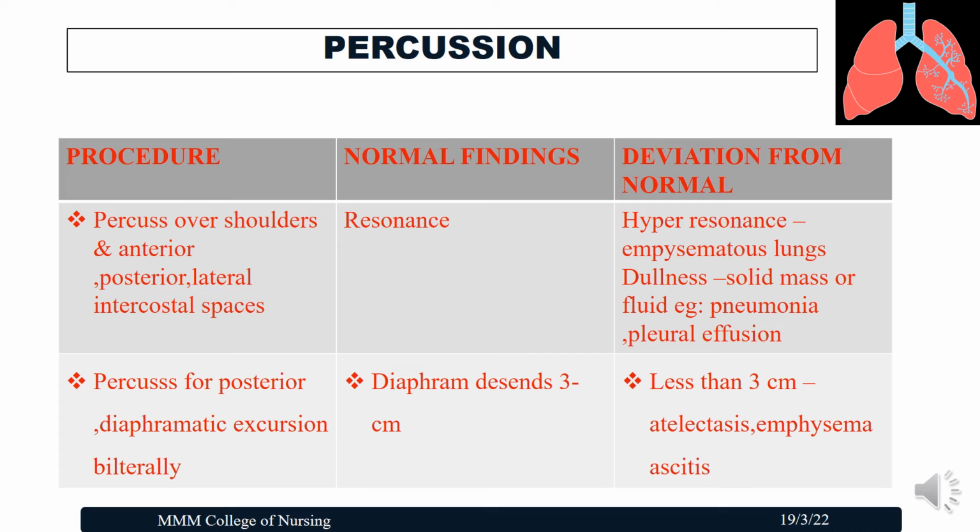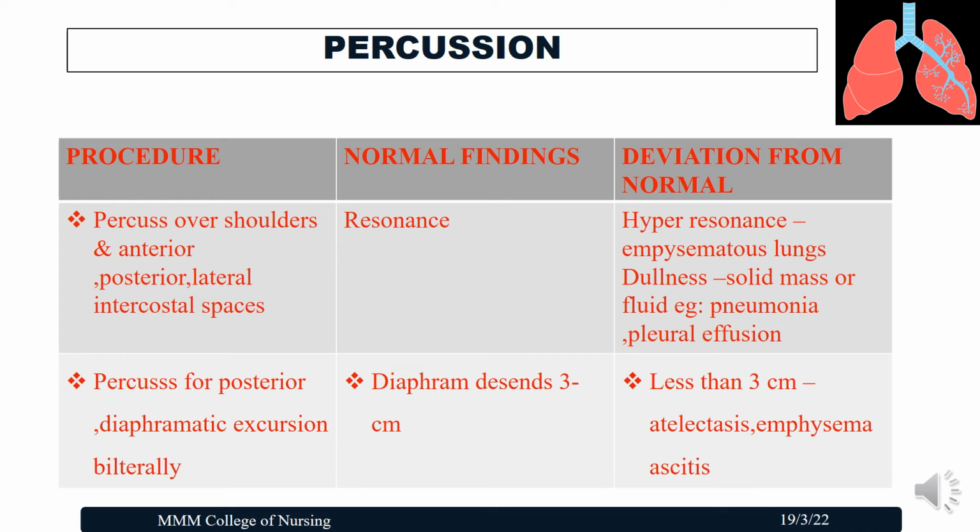When we percuss over the posterior chest for diaphragmatic excursion bilaterally, the normal finding is that the diaphragm descends 3 cm. What abnormality can we identify? If the diaphragm descends less than 3 cm, it indicates atelectasis, emphysema, or ascites.